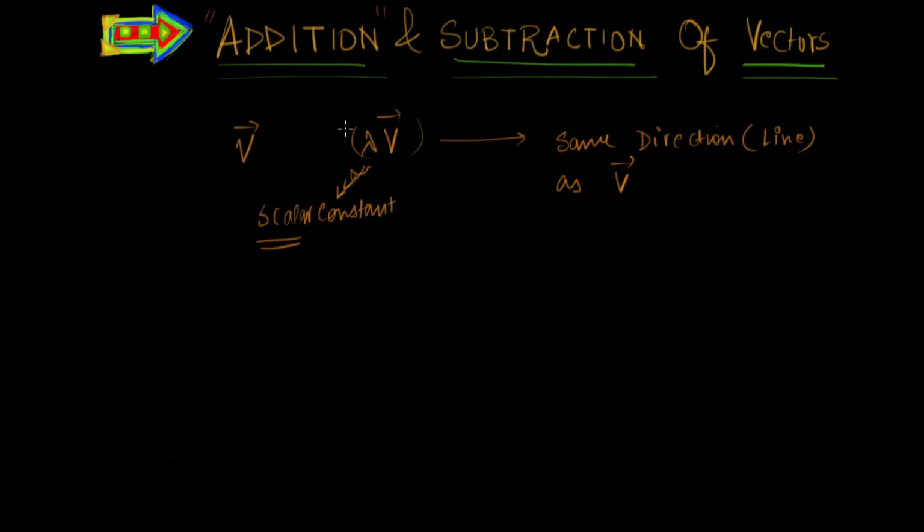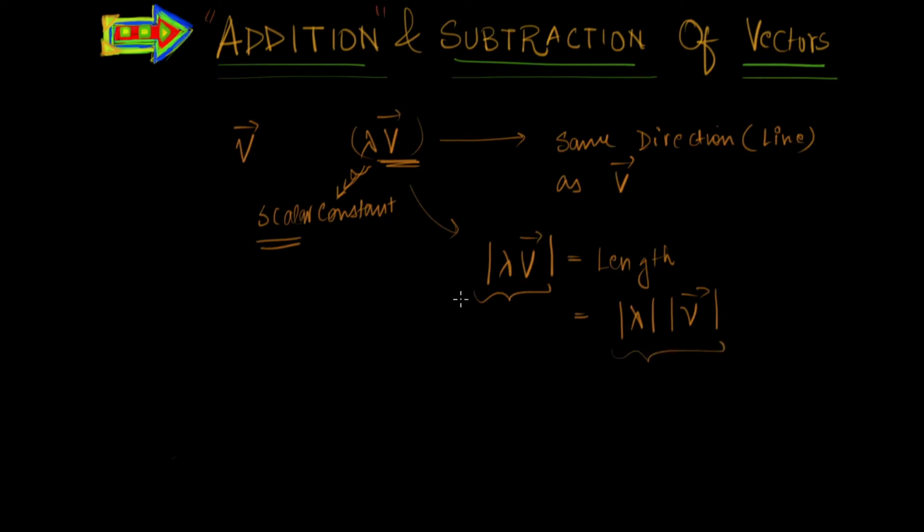But the magnitude of lambda v would be the length. And what we were talking about earlier was the fact that the length would be multiplied by the modulus of lambda. So in some aspects, the modulus function behaves as the mathematical modulus function.